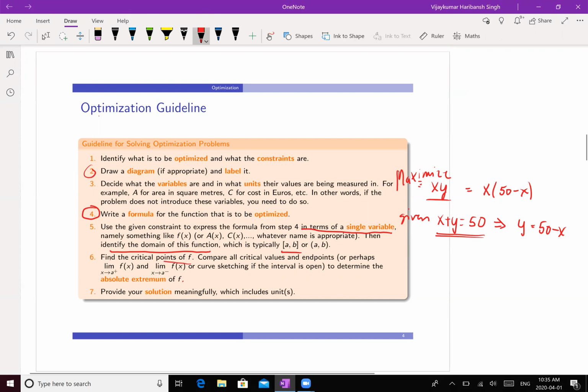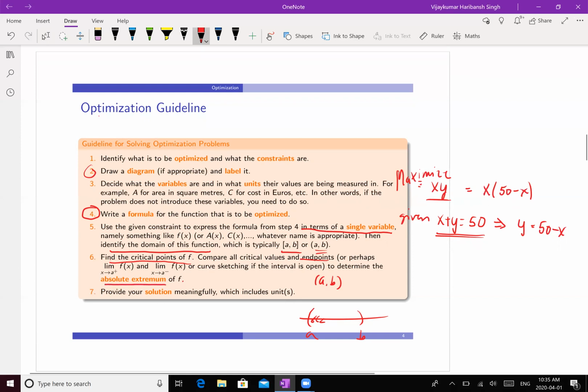You found the critical points, you found the values at the endpoints, and then you compared. However, if the interval is open, suppose you have the open interval (a, b), you will have to find the limit as x goes to a plus, or do curve sketching to determine the absolute extremum.